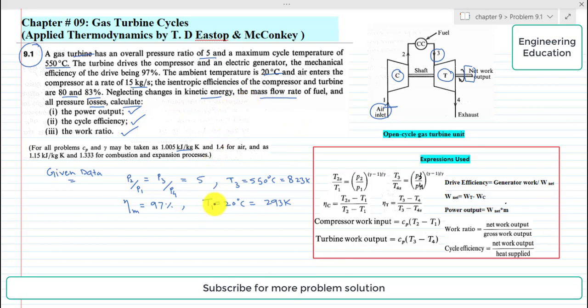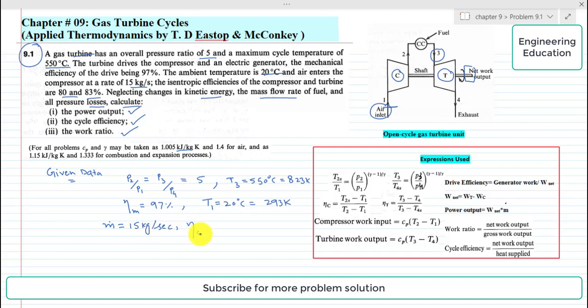Isentropic efficiencies for the turbine and compressor are given. Also mass flow rate is given. So mass flow rate is 15 kg per second.